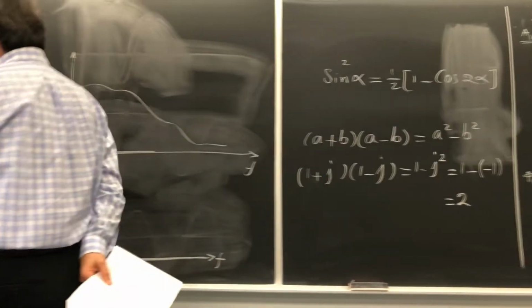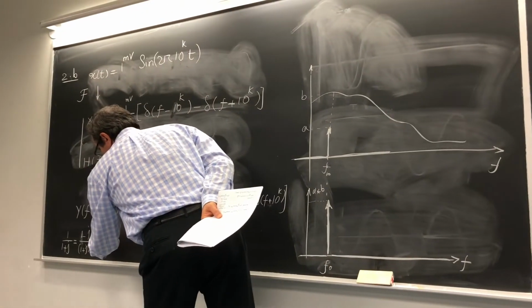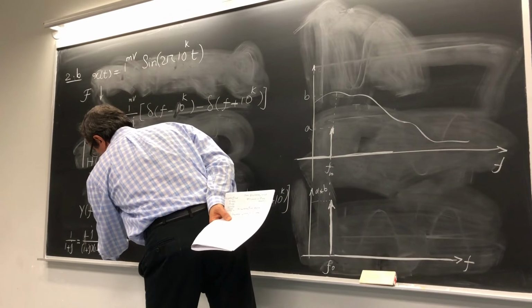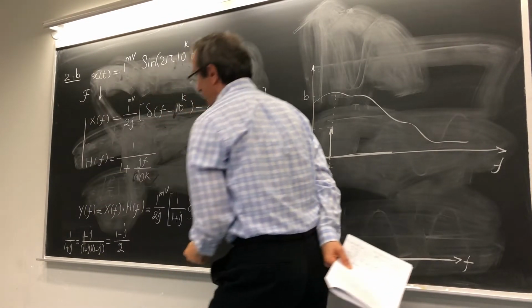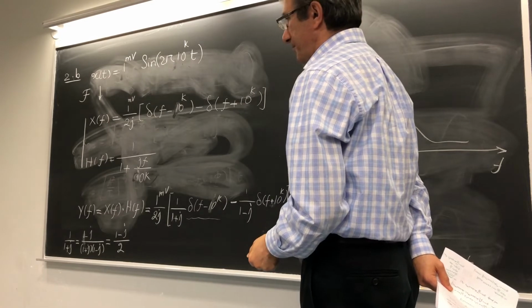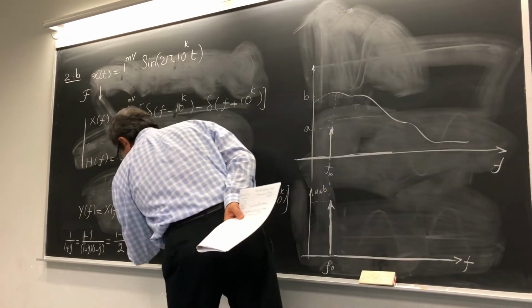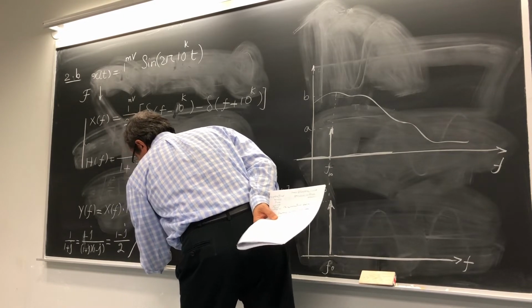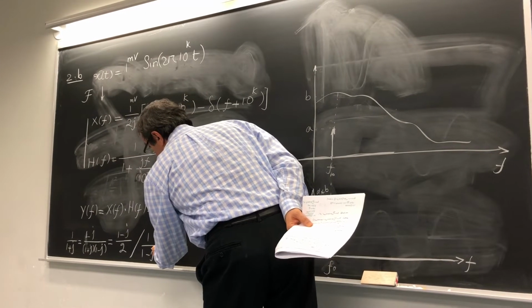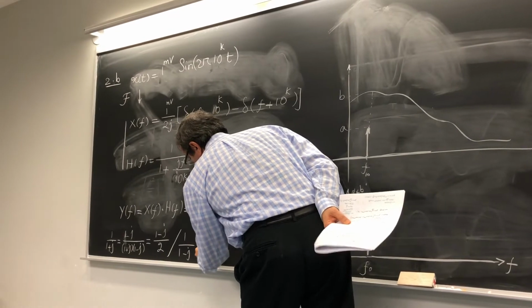So 1 over 1 plus j will consequently be 1 minus j over 2. In the same way, 1 over 1 minus j would be 1 plus j over 2.